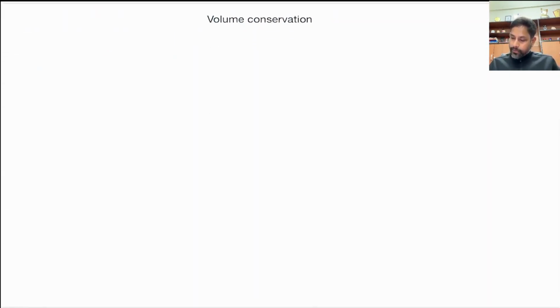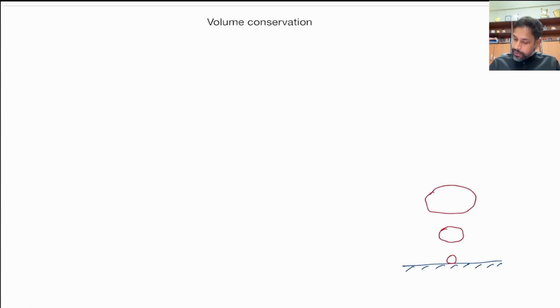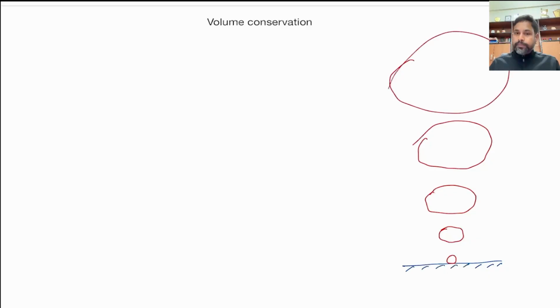So in this case, we are assuming that this is the solid boundary where the plume was first released. If this was the original plume, after some time it goes up, it becomes like this. After further time it becomes like this, it becomes bigger and bigger, right?